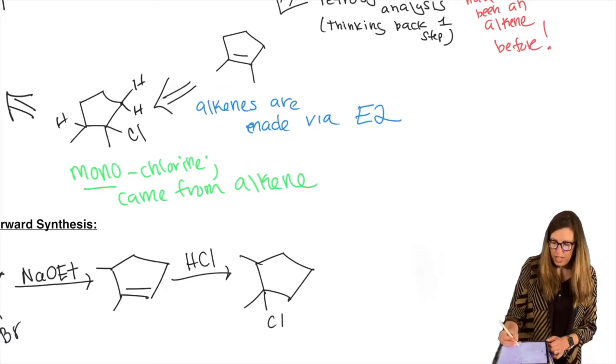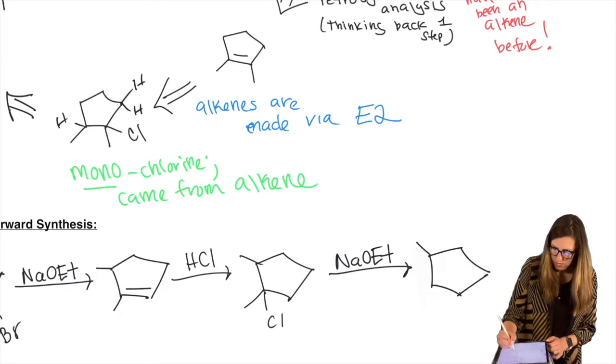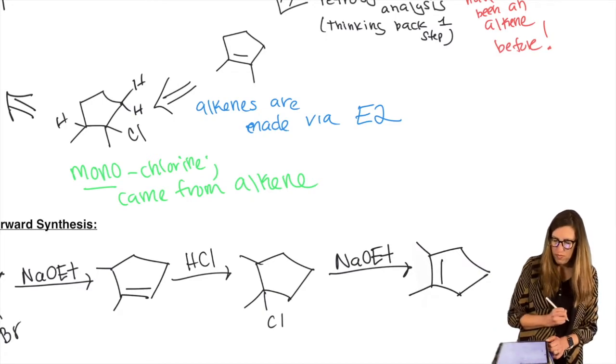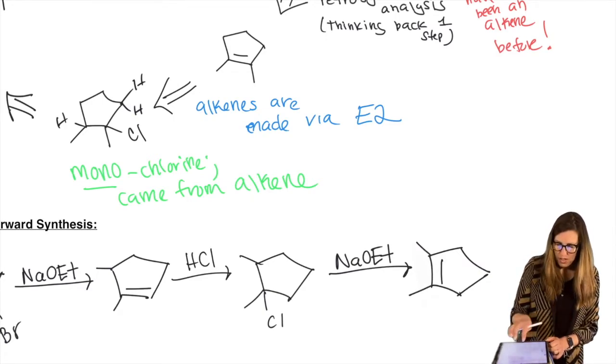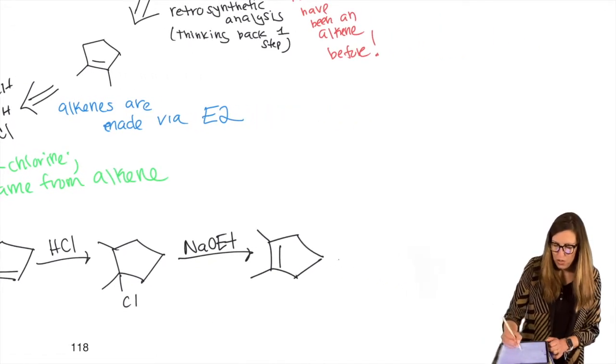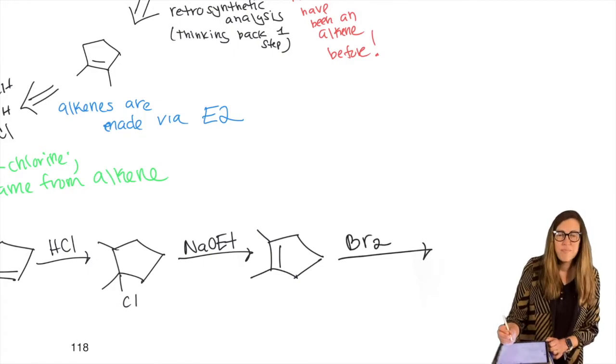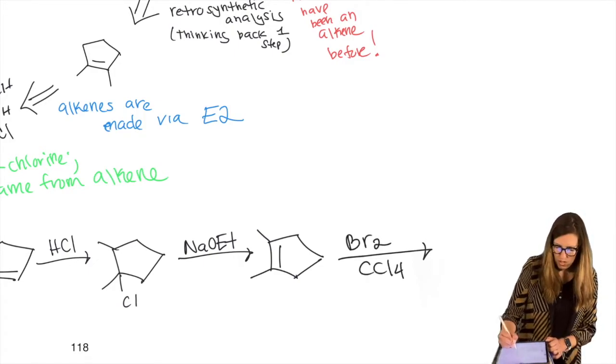Then we made another alkene. Elimination again, NaOEt. Now we have an alkene between the two methyls, which means we're ready to do bromination with Br2 in CCl4.